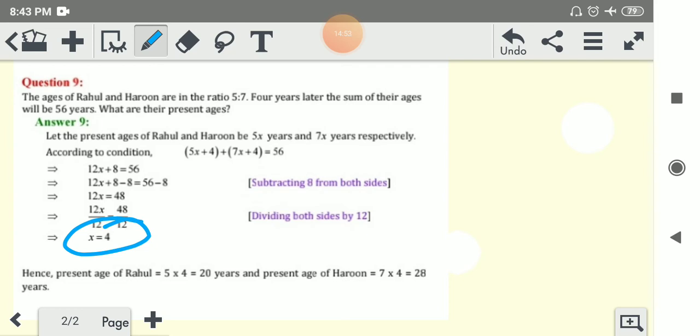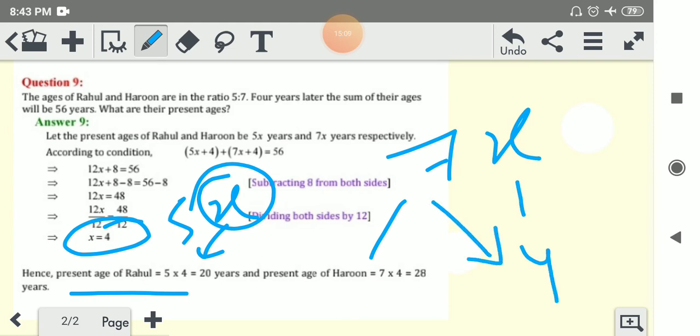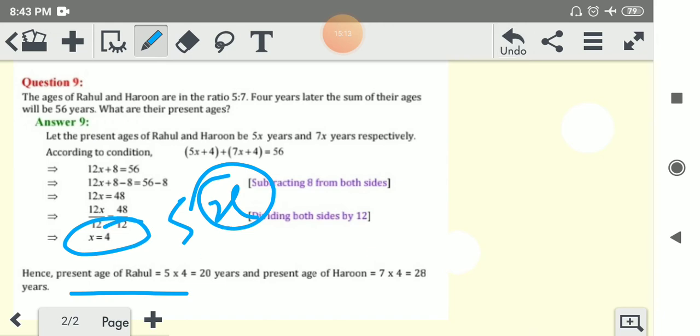Now the present age of Rahul is 5x, and x is equal to 4, so we get 20. Harun's age is 7x, so multiplying 7 into 4 is equal to 28. These are the values of their present ages.